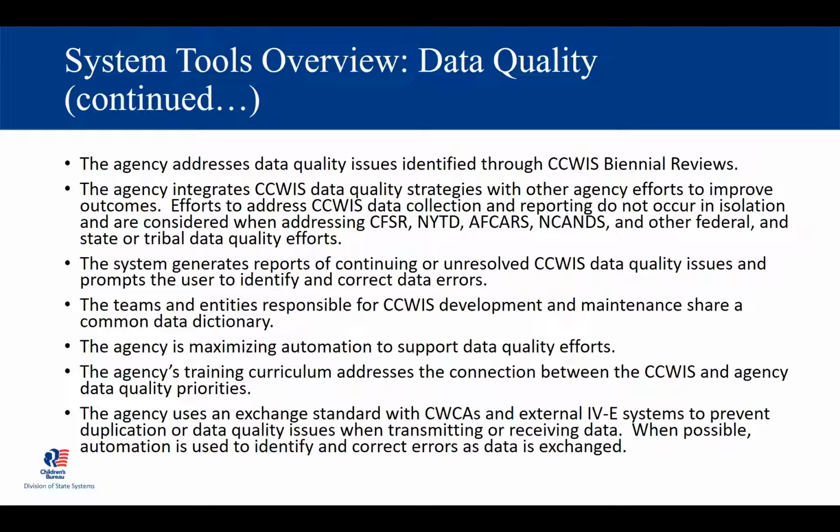How does the CCWIS use a data dictionary to support data quality, especially between different vendors, different modules, with exchanges? And this tool identifies those goals and then asks for evidence from the agency to meet those goals. Next slide, please.